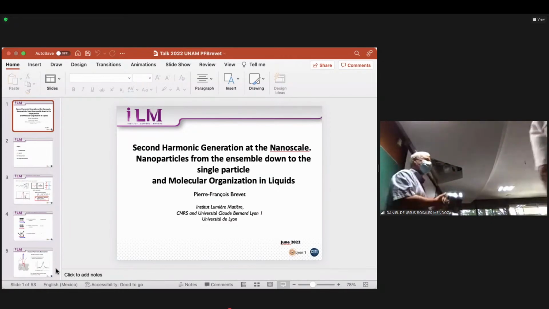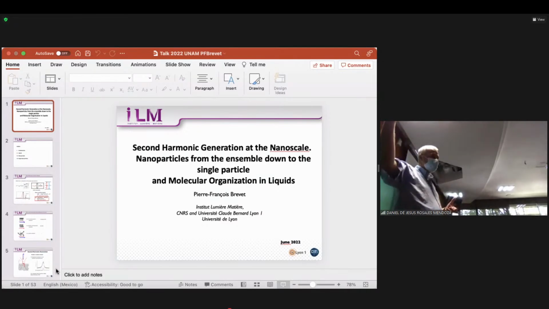Have you seen any influence of the trapping beam with the light that you are shining on the particles, not just in the second harmonic, but in any? Can you see interference or something? No, because they're different wavelengths. The trapping is at 970 for the moment. We would like to go to plasmonic particles, so we either need to change the beam profile or go to longer wavelengths. And the second harmonic excitation is at 800.